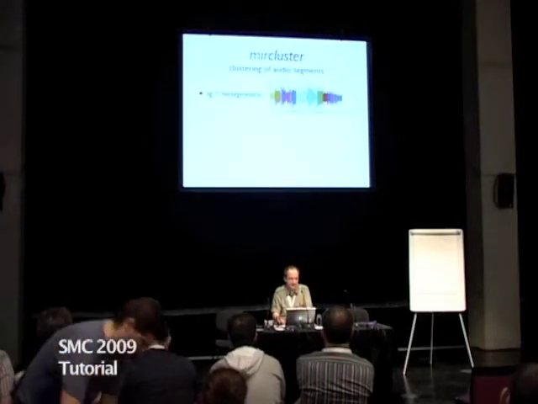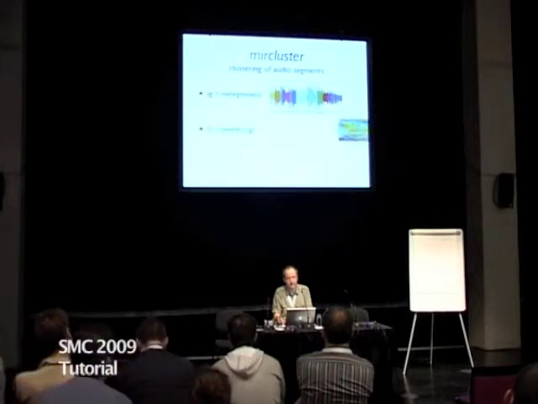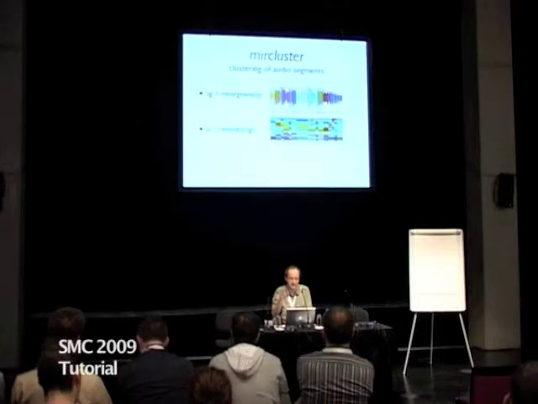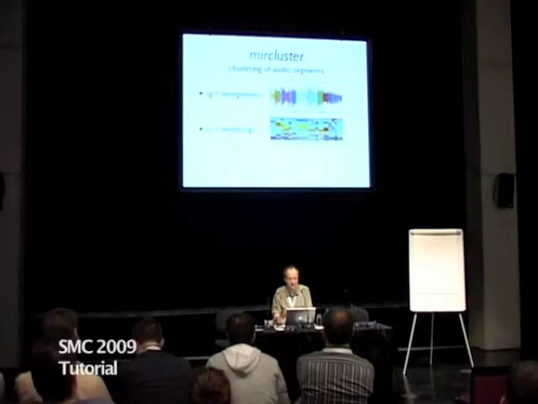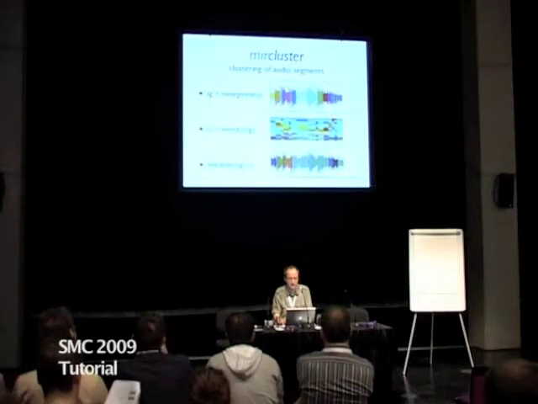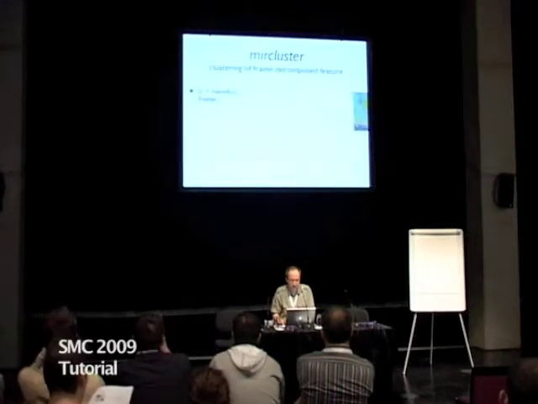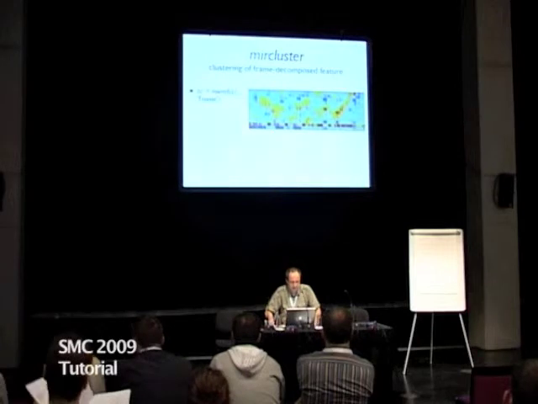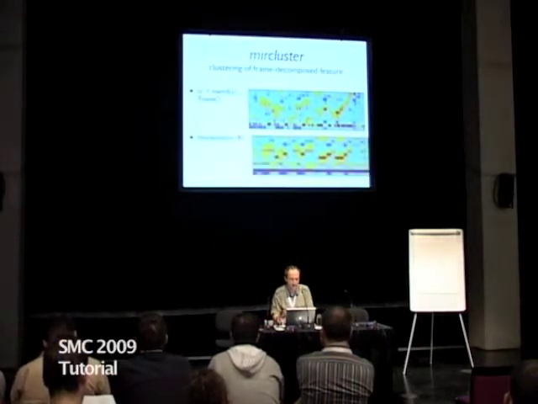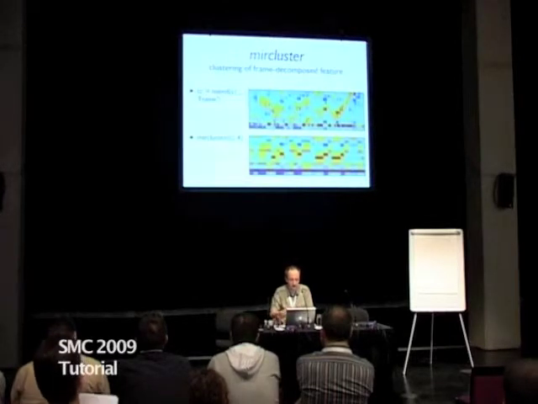So now, for instance, we have these segments, and we can compute features for the different segments, and if successive segments are very similar, then they are clustered together. This is based on k-means clustering. Another kind of clustering is when you have a frame decomposed signal. You can try to find, for instance, 4 different classes representing your different frames.